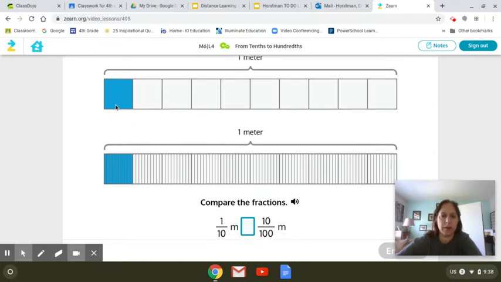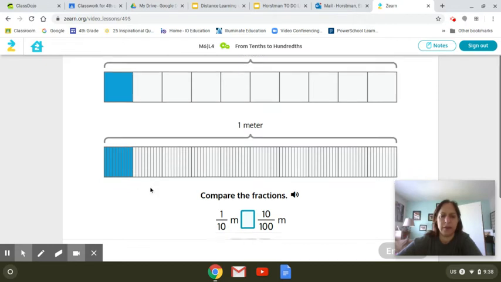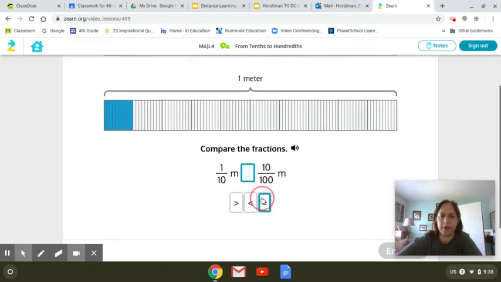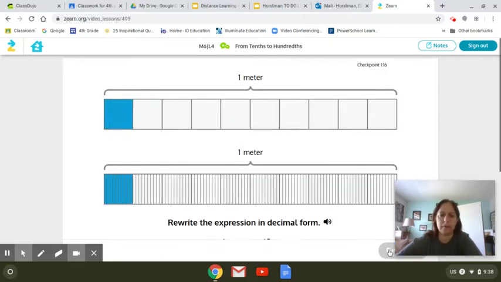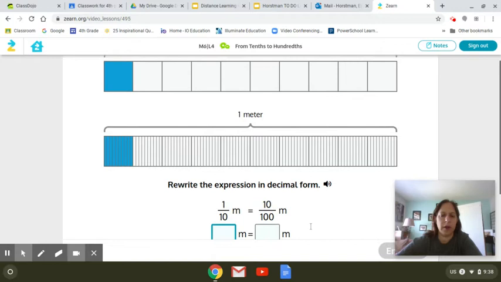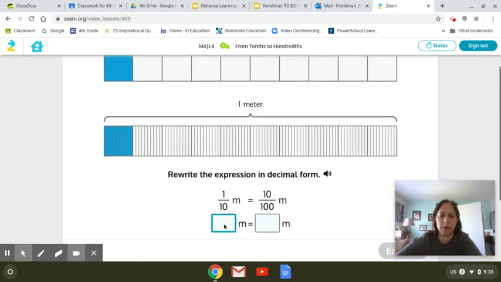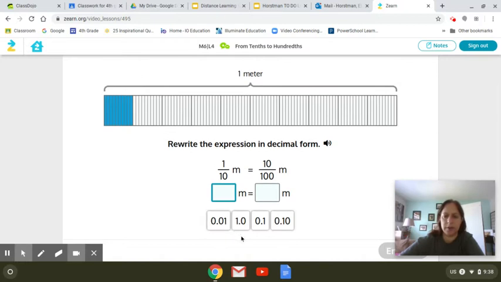Are these the same or are they different? They look the same to me, so we're going to put equals down here. How would I rewrite that in decimal form? Well, 1/10 we learned was 0.1. 10 hundredths would be 0.10.